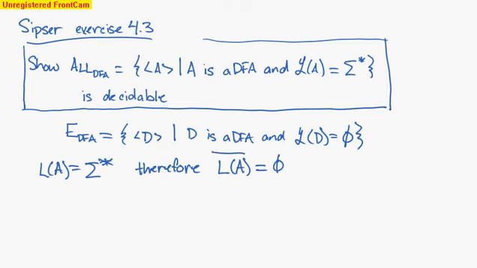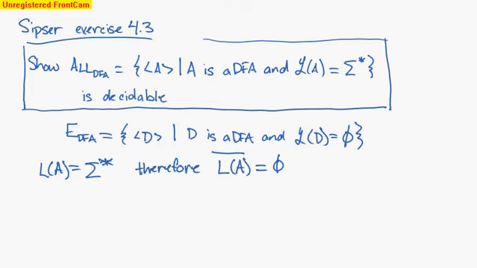So if we can determine that the complement of the language of A contains nothing, then we know that the actual language of A contains everything.